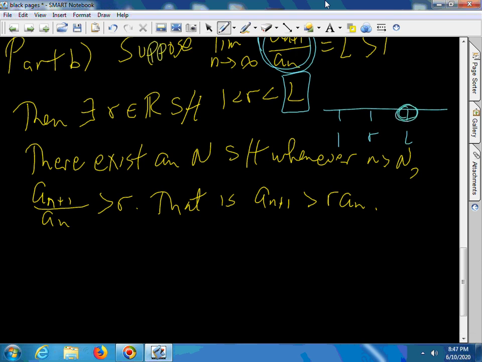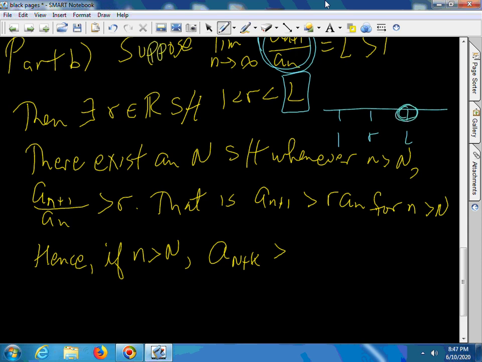Like before, let me just be clear: for n bigger than capital N. Hence, if n is bigger than capital N, we have that a sub n plus k is bigger than R to the k times a sub n.